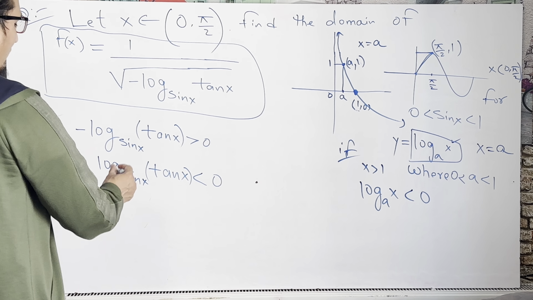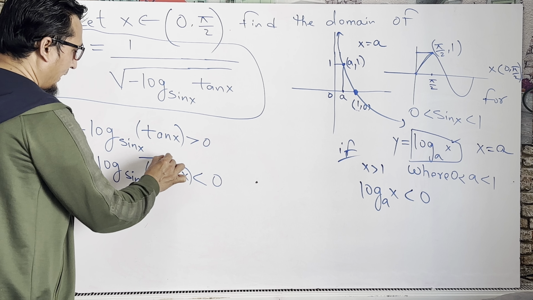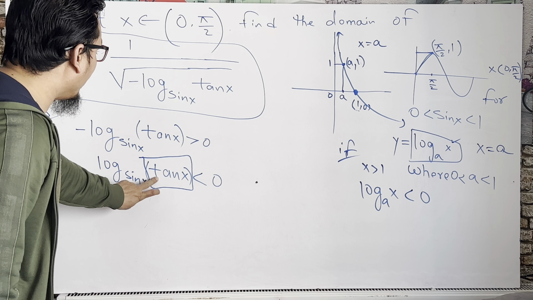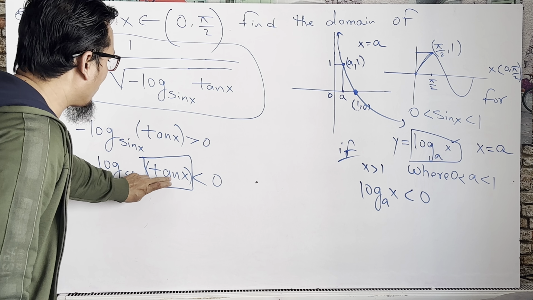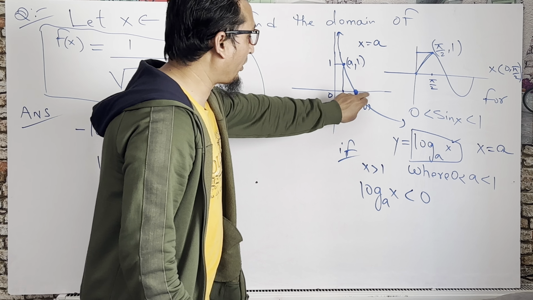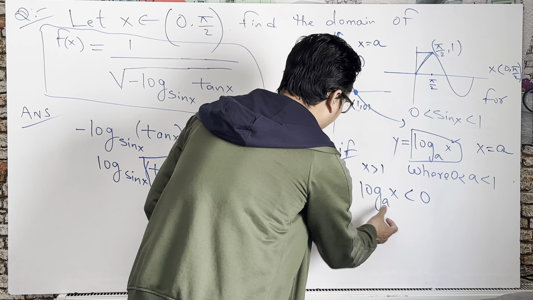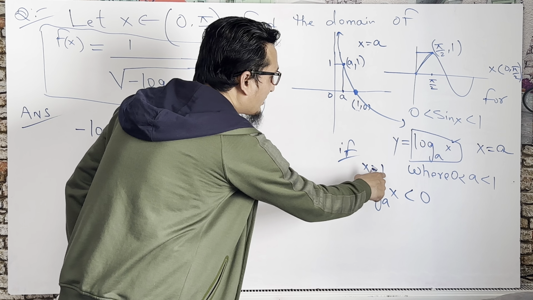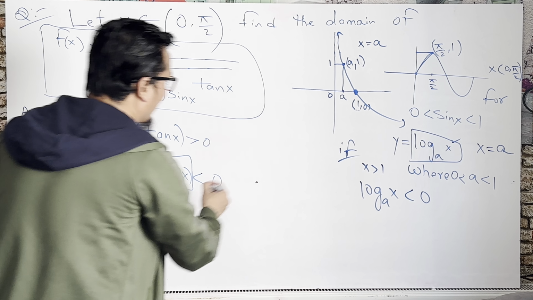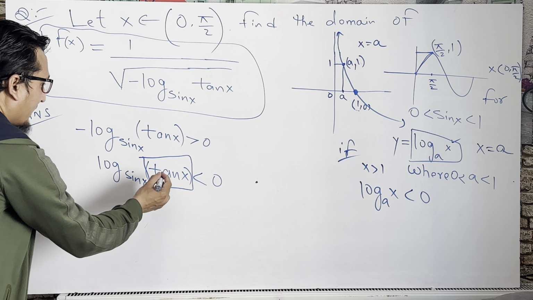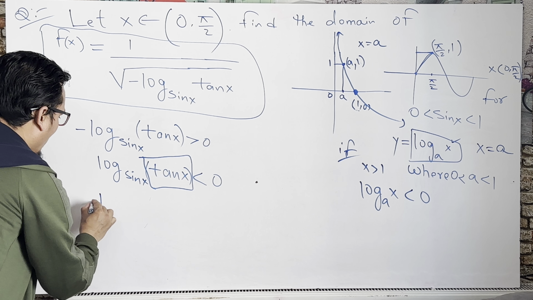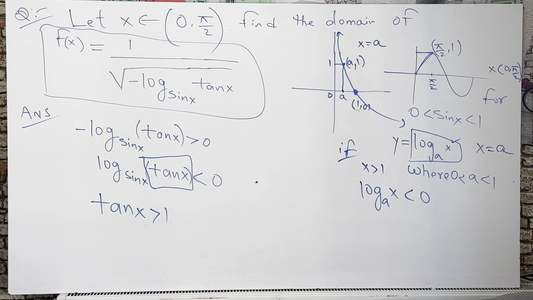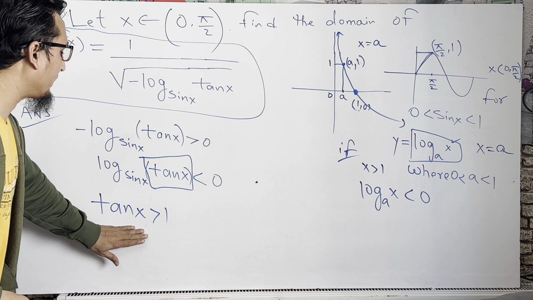So here, if you have tan x, which is working as x. So if you say the value of tan x is greater than 1, you can see the same things here.